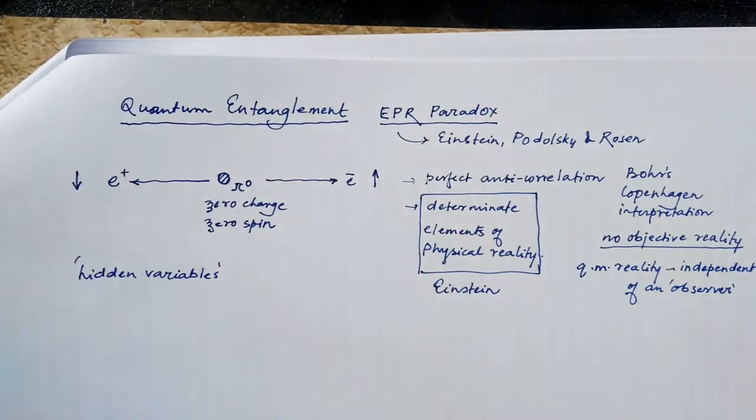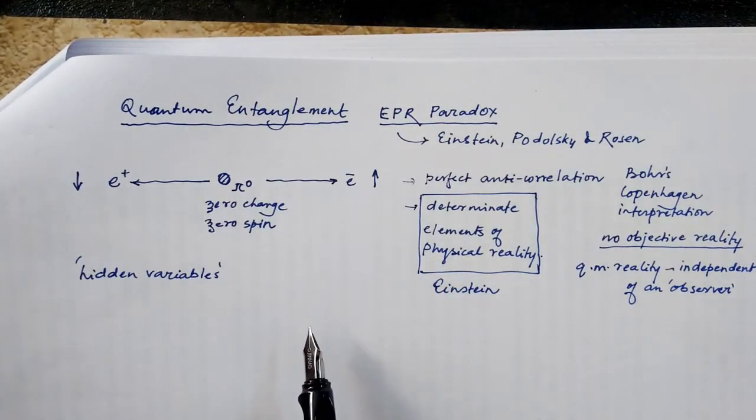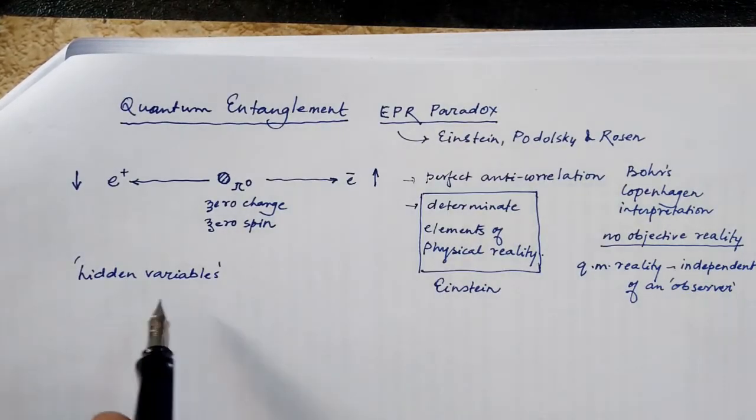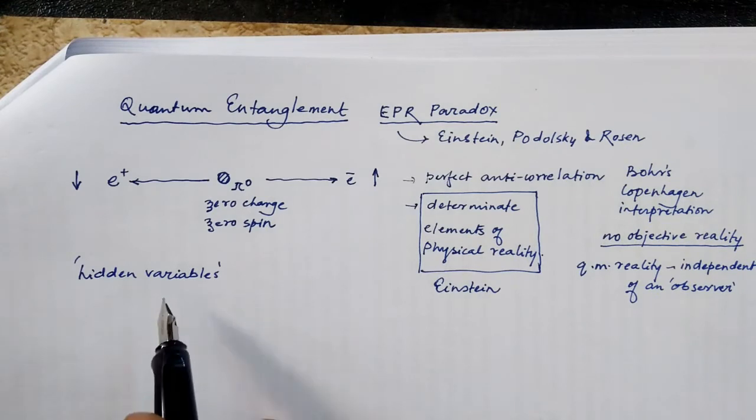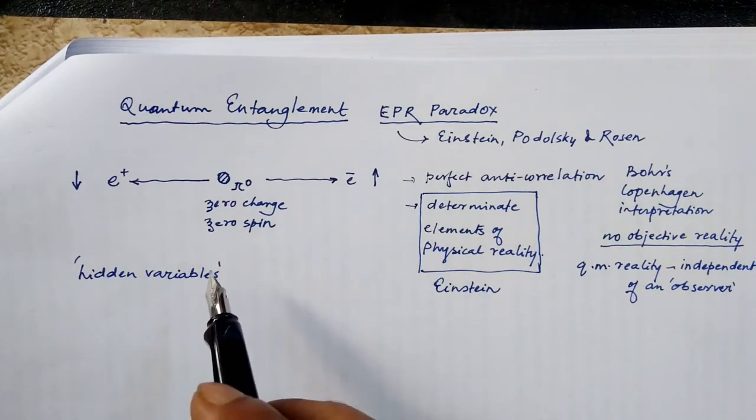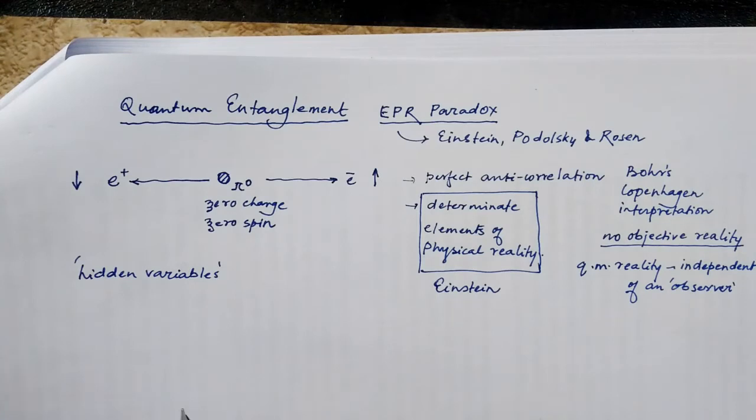If this is half, this is minus half. And this hidden variable, quantum mechanics doesn't have any knowledge about.